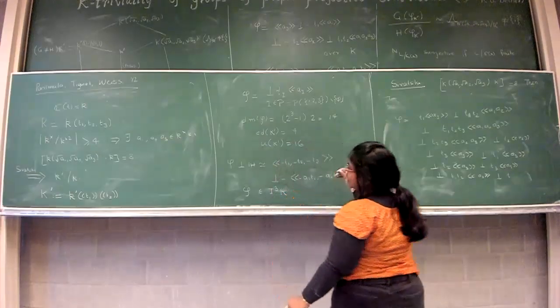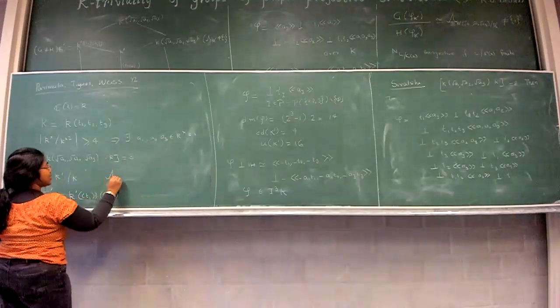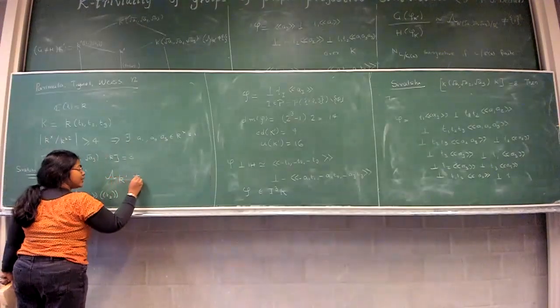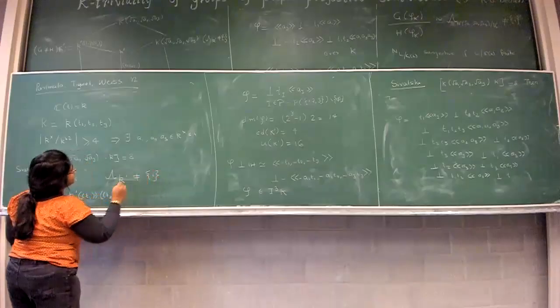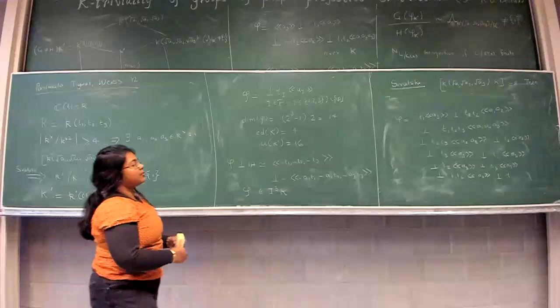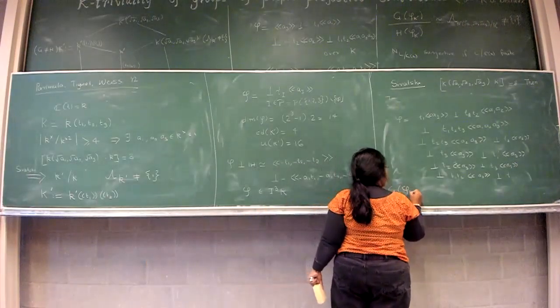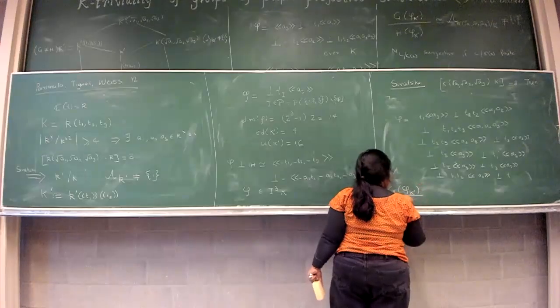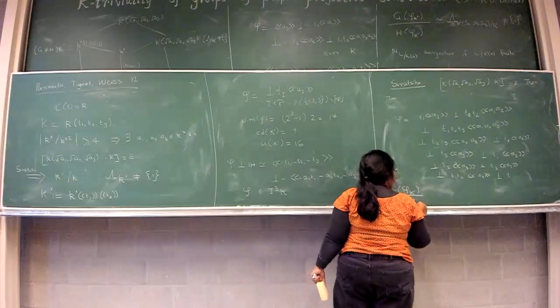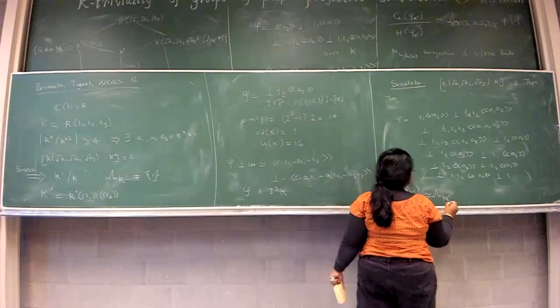So here also, because of this reverse, you will have this K prime that will be not trivial, and in the same way the form G will be isomorphic to the K prime.